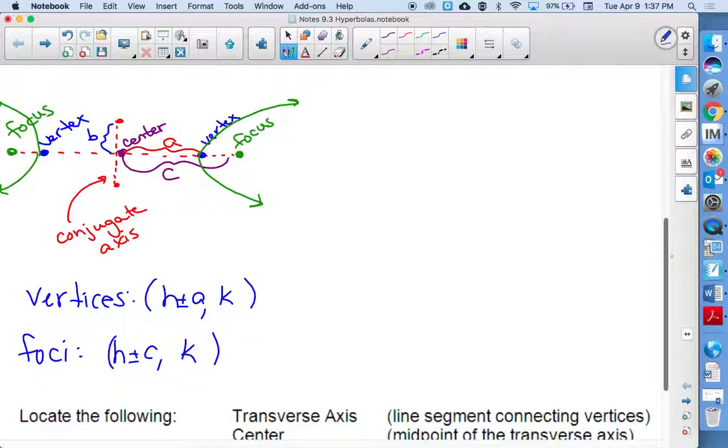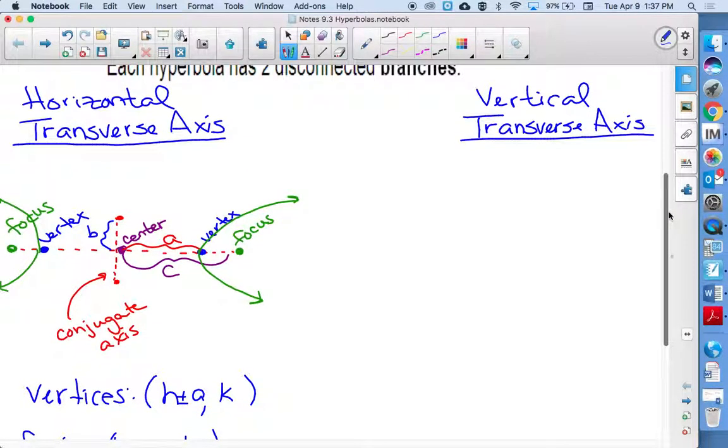So if you just take your graph, rotate it 90 degrees so that it goes up and down. We'll make a little vertical transverse axis. So transverse axis is that axis where the important information lies. Again, we have the focus at the top and the bottom, the center in the center, that midpoint.